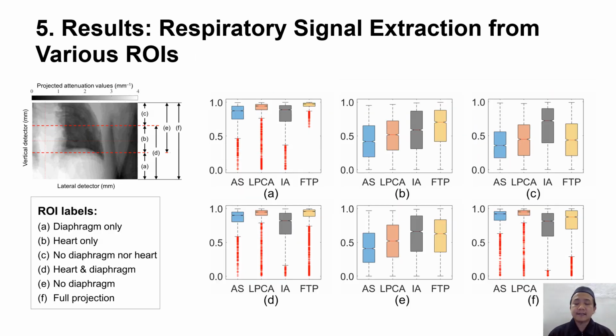Overall, we can see that in certain ROIs, all data-driven methods display poor performance, especially when the diaphragm is not present in the image, such as ROIs B, C, and E. As mentioned earlier, when the full projection image is used, the LPCA method has the highest correlation compared to the other 3 methods. However, the FTP method has the highest accuracy when the ROI only includes the diaphragm.